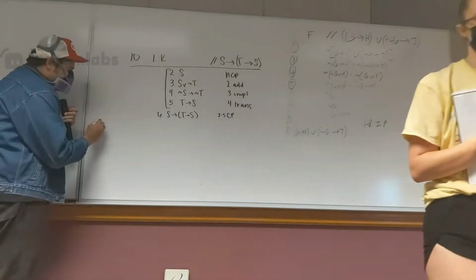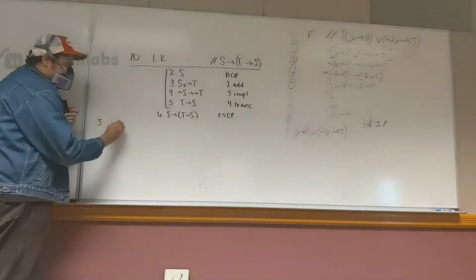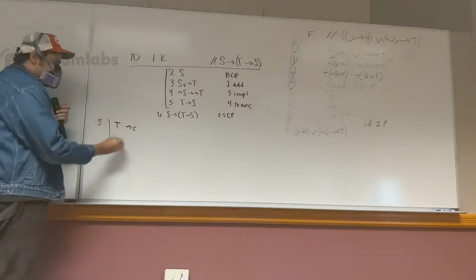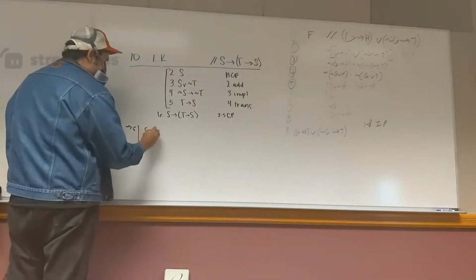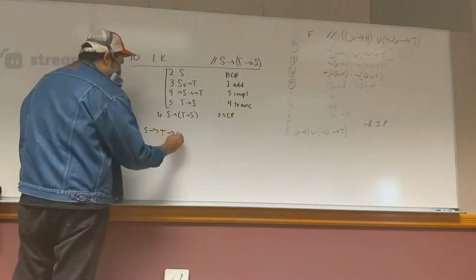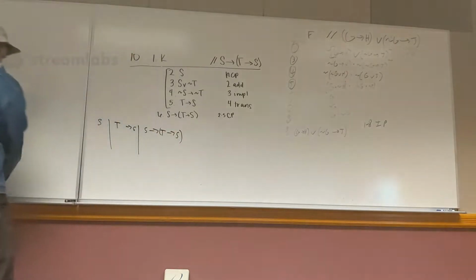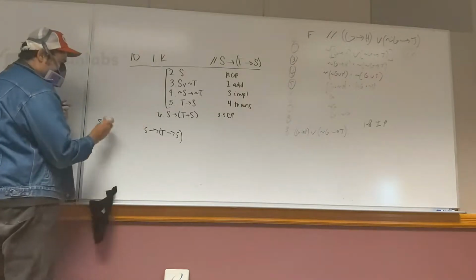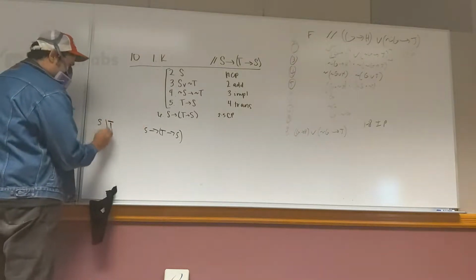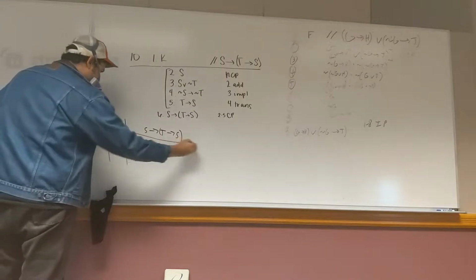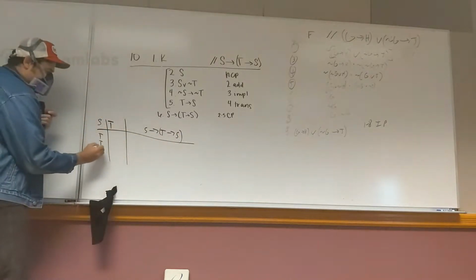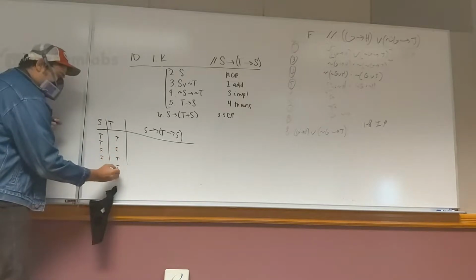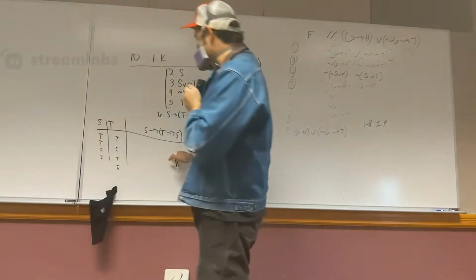So if I was going to do a truth table on this, actually I'd just say S, T: true true, true false, false true, false false.